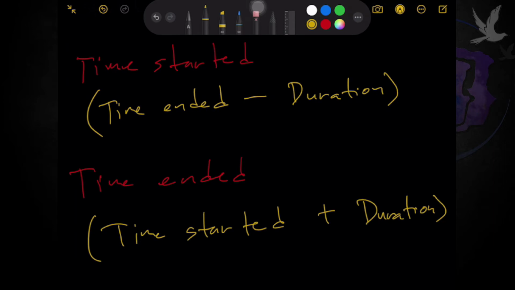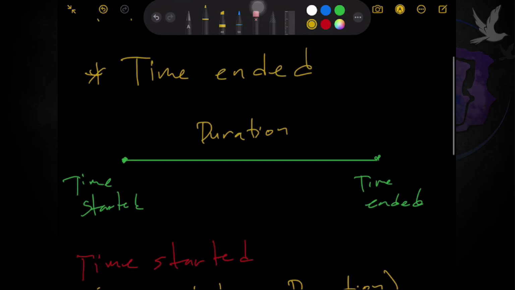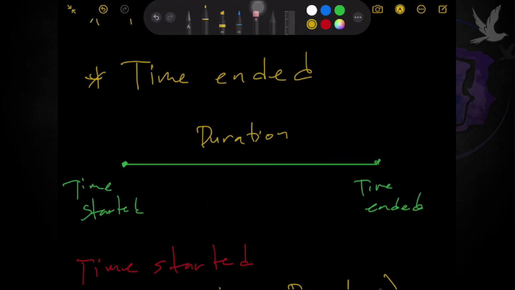And to understand further, mas maganda sana if you have a clock with you. Remember, when we could still go to school, we used the clock there, yung sa third floor, so that you will physically see the time movement. Diba? Please make use of that.